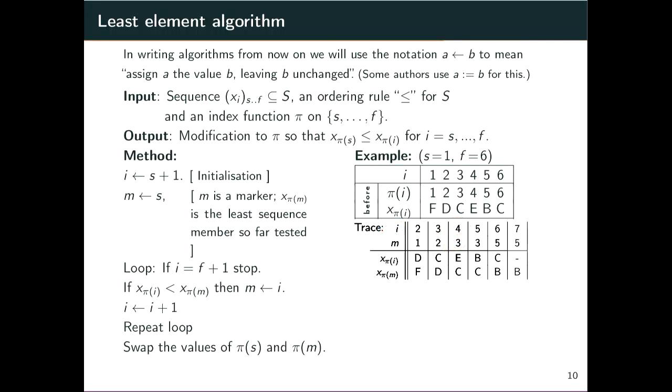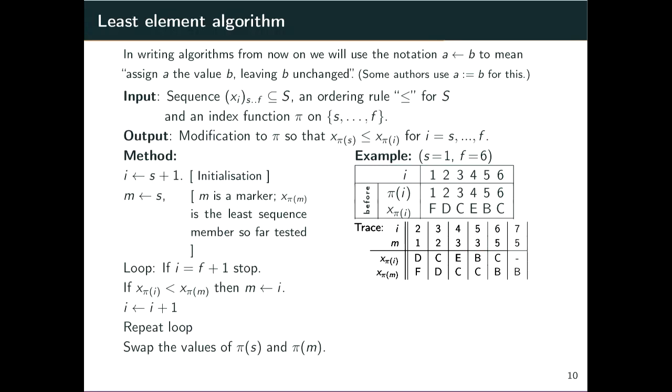And then I guess the next one is a little bit more interesting because we don't do any changing. So when I is equal to 4, we get x pi 4 is E, and then x pi of 3 is C. C is before E, and so we don't make this change of changing the marker. C is still the least element that we've checked. So the index goes up by 1, but our marker doesn't change. And then you just continue on.